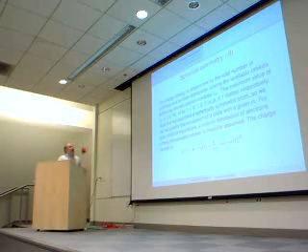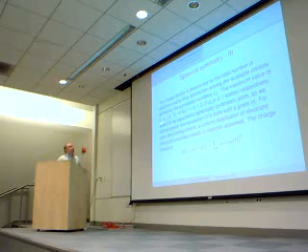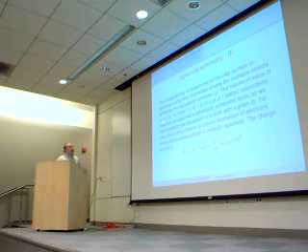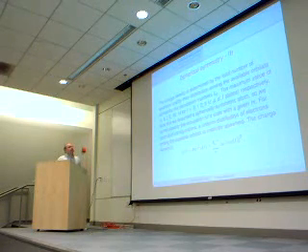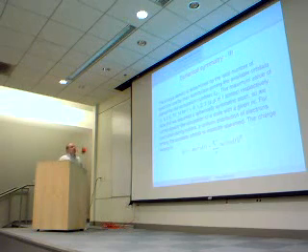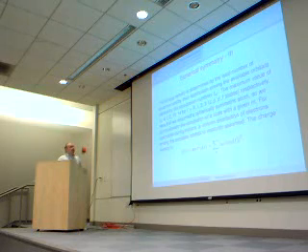So for each n and l, the maximum number of electrons we can put, so usually the l is also indicated by some letters. So l equals 0 corresponds to the s state, l equals 1 to the p state, l equals 2 to the d state, and so on. And the maximum number of electrons that we can put is 2(2l+1).